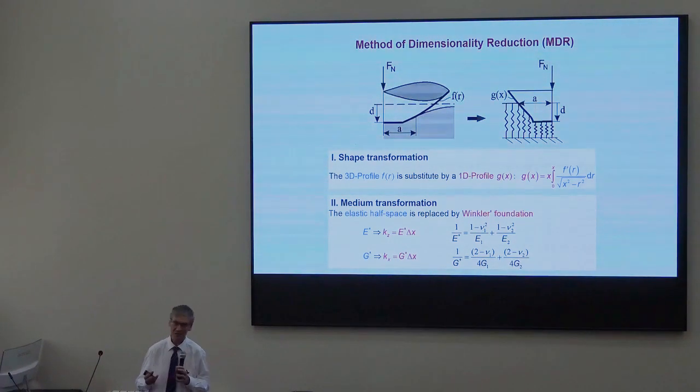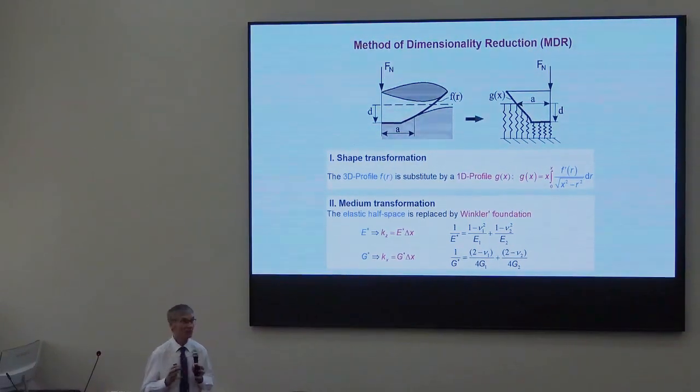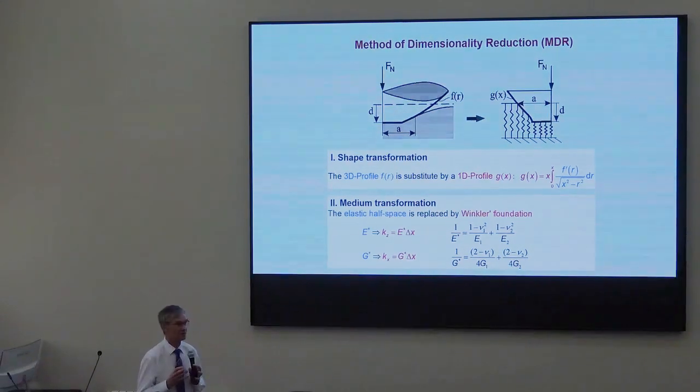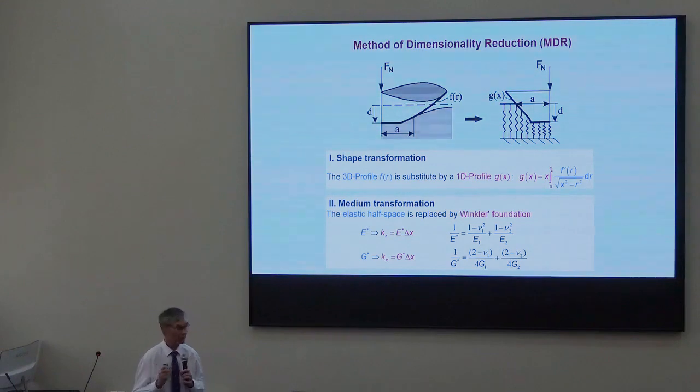The stiffness is defined by the separation between the springs, an arbitrary separation, only small enough, and the elastic moduli. Here in these equations, a more general situation than I started with is assumed, when both bodies are elastic, with elastic constants E1, E2, G1, G2, nu 1, and nu 2.